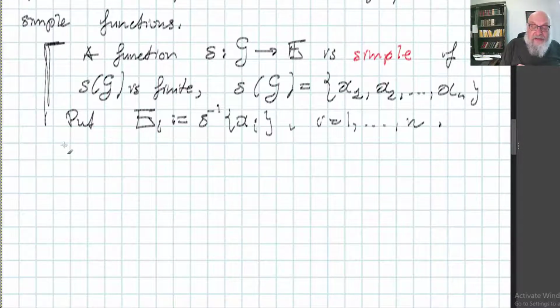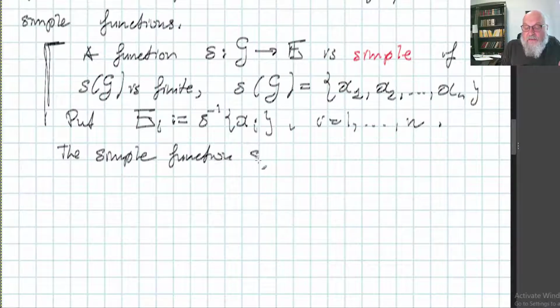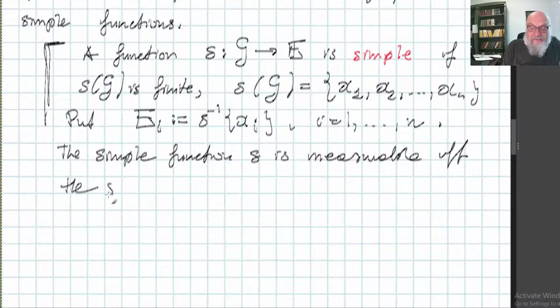So the simple function S is measurable clearly if and only if the sets E_i are measurable.